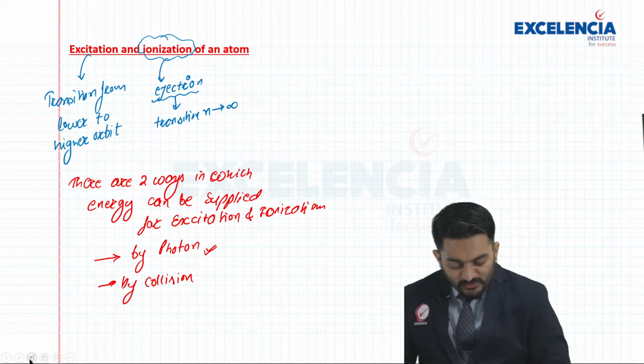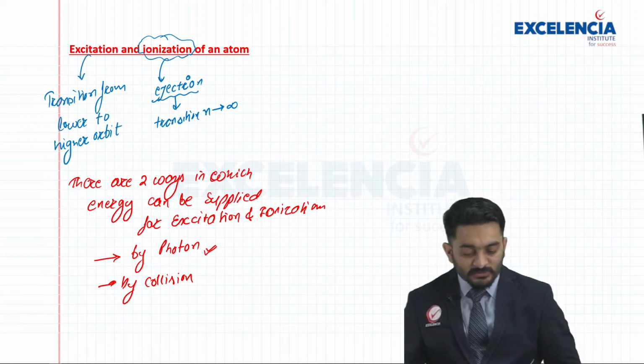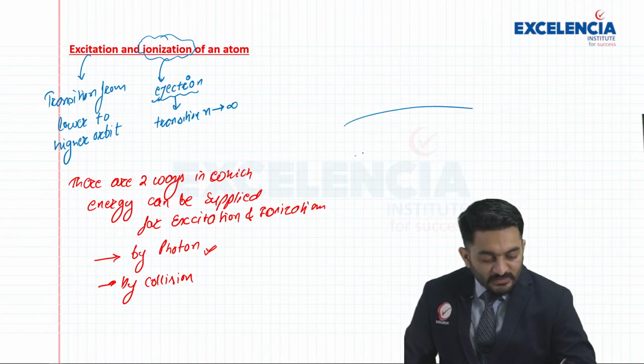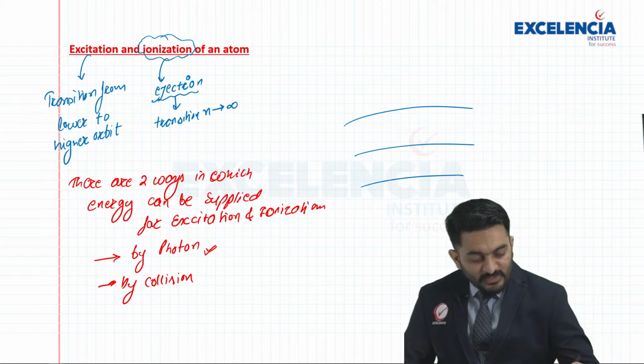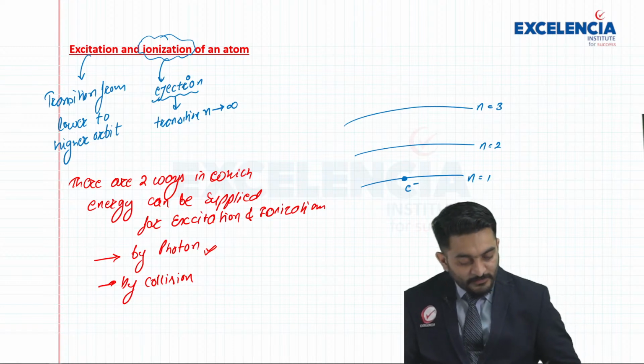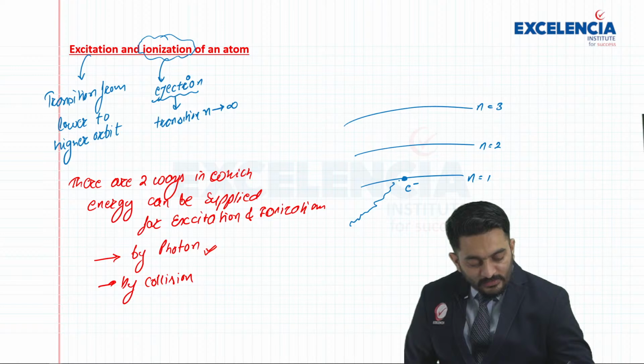I'll also explain by the end of this lecture what you need to understand by the collision term. But fundamentally, if you have your energy level diagram, let me assume this is n equal to 1, n equal to 2, and this is n equal to 3. You have an electron present in the ground state, and energy is provided to it by some photon.